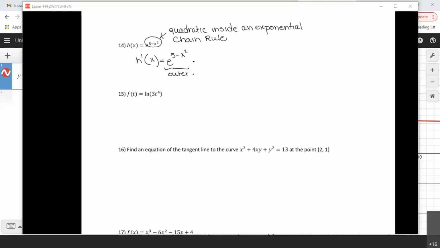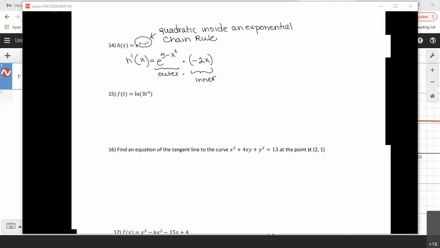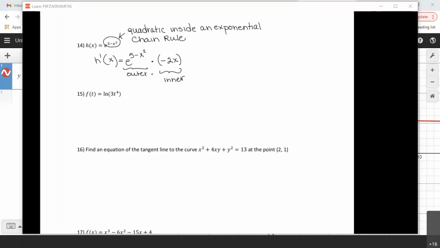It's where x should be. So the derivative of that is negative 2x. Okay? Everybody okay with that one? Everybody okay with an exponential composition?